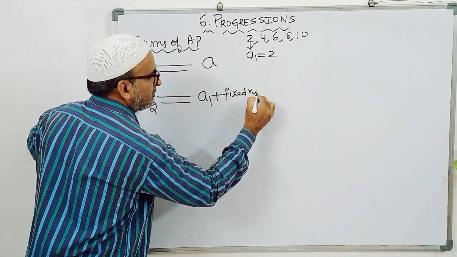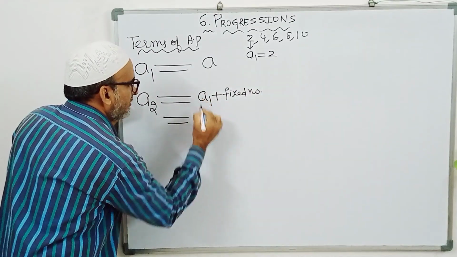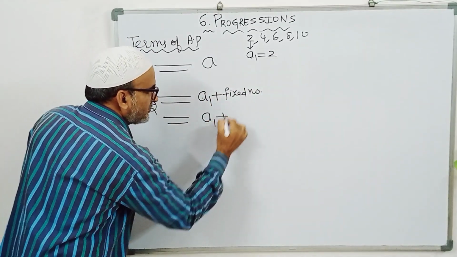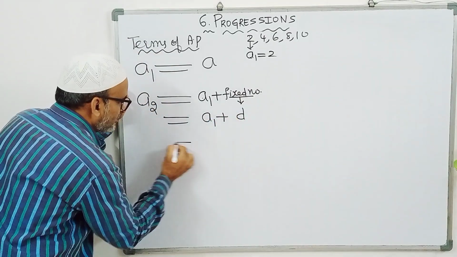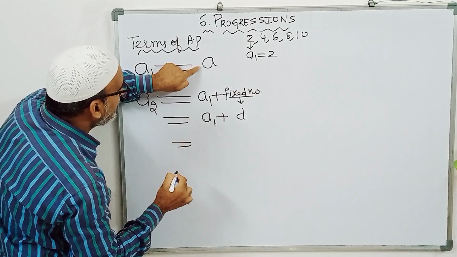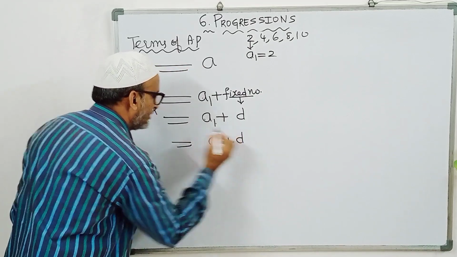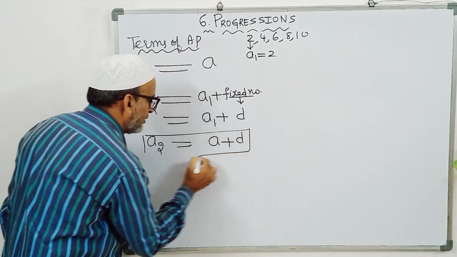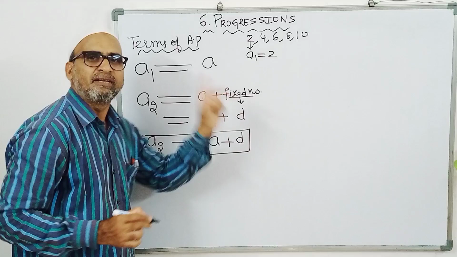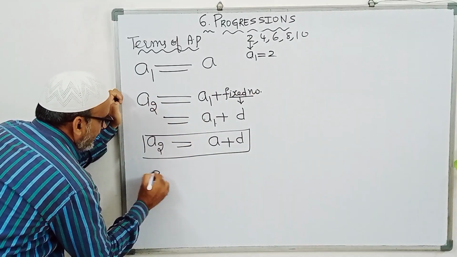The fixed number is denoted by D. A1 is equal to A. So A2 is equal to A plus D. Followed, I hope.